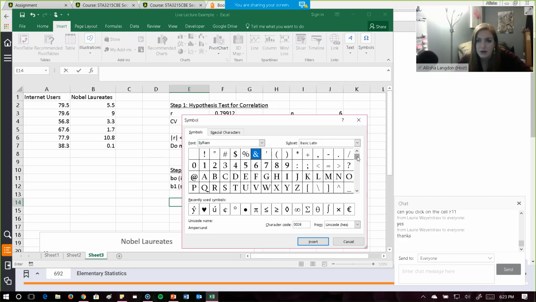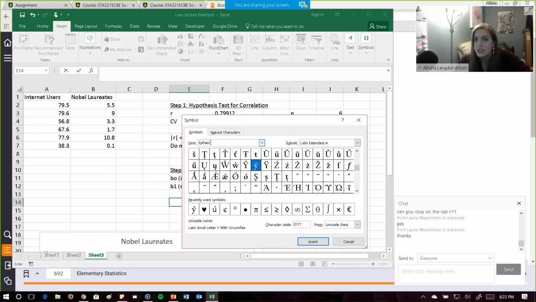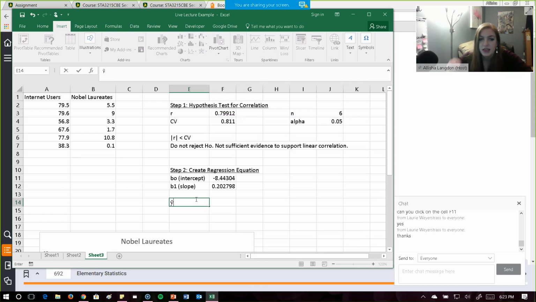If you just scroll down, you should be able to find y hat there. There's y hat. But you have to make sure the font is correct. And once you use it once, it'll be in your recently used symbols, and then life's pretty easy. You just have to find it first. So grab that, hit insert, hit close, and then equals b naught plus b1 times x.